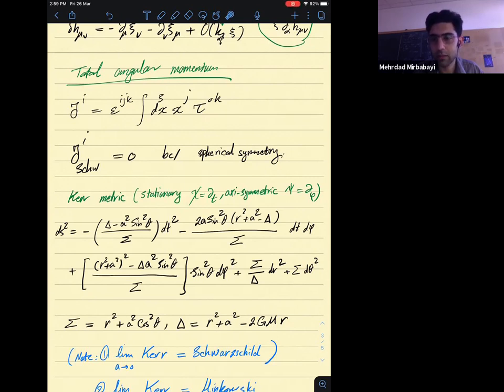But the best quantity that identifies rotation is the total angular momentum of the spacetime, which is non-zero for this metric.